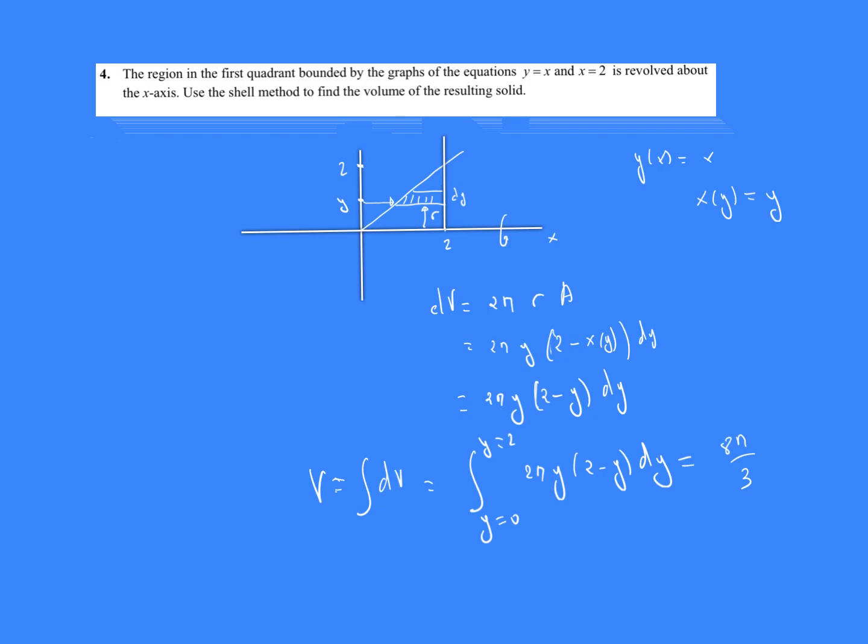So this is y equal x when I perform it. This is x equal 2. Now, when you revolve, this area will appear here. So the volume generated by this area is here.